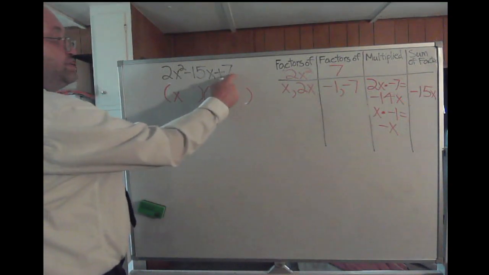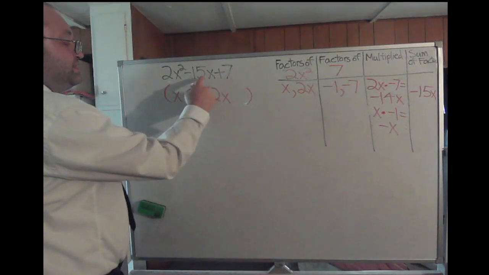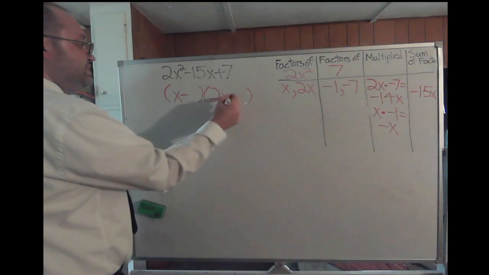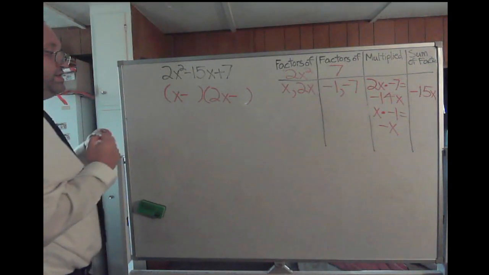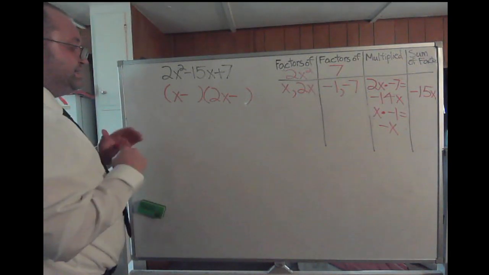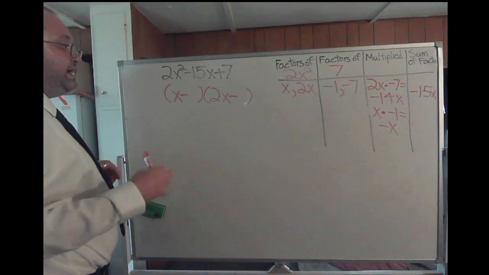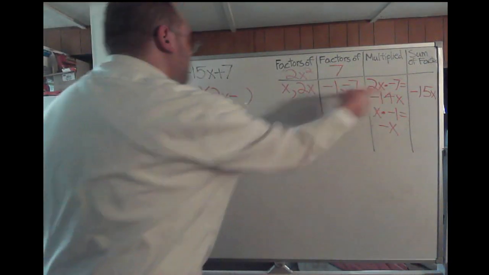Now, the constant term was positive and your middle term was negative, so that means you're going to have two minuses inside your quantity. So now, we had 2x times -7.